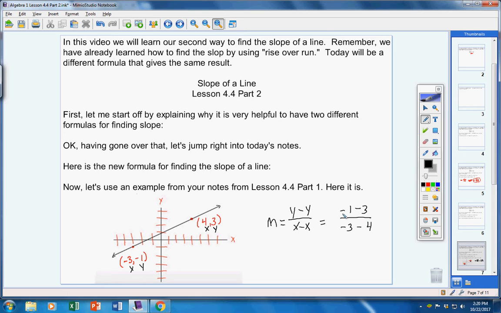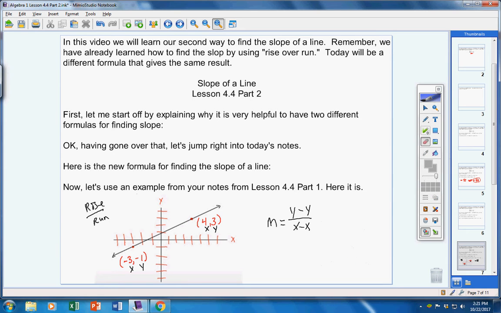Now, -1 minus 3 is -4, -3 minus 4 is -7, negative over negative is positive, and 4 over 7 is 4/7. Look at that. We got the exact same slope as when you used rise over run. Okay? And by the way, watch this.